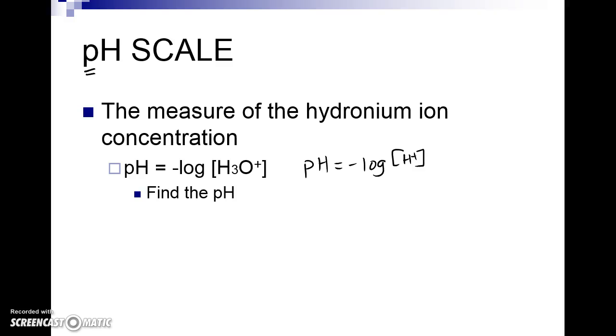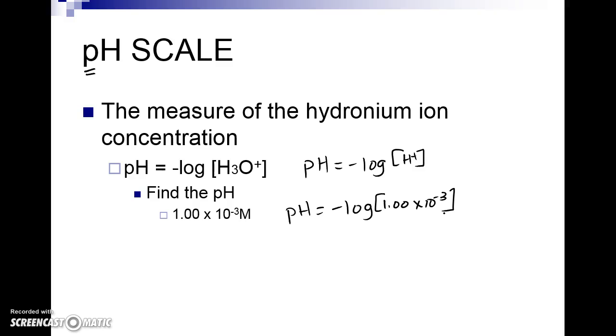So if we're going to try this, we're going to find the pH of 1.0 times 10 to the negative 3. Now, log is a base 10 scale, and so it's very easy to do problems that are 1 times 10 to a certain number. But pH is equal to the negative log of 1.00 times 10 to the minus 3.